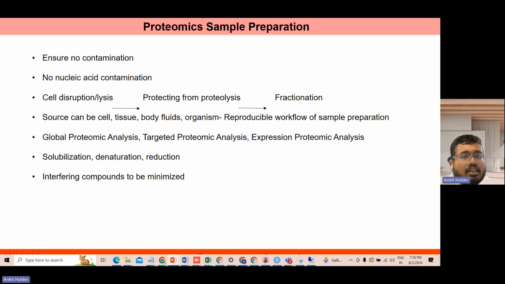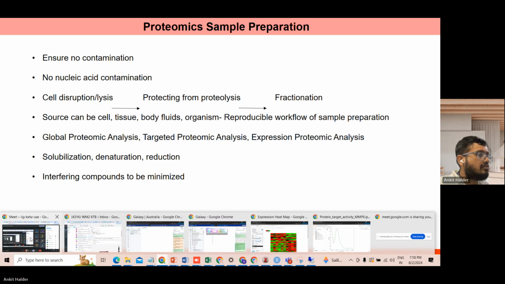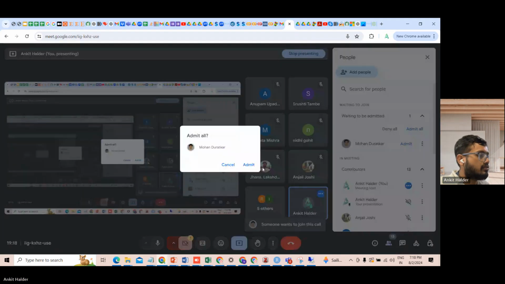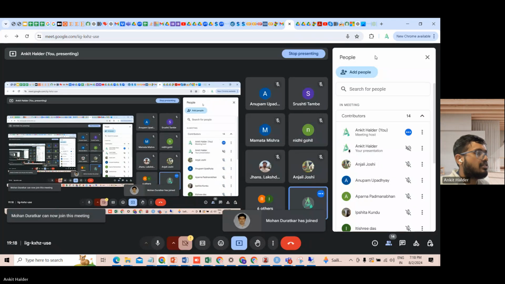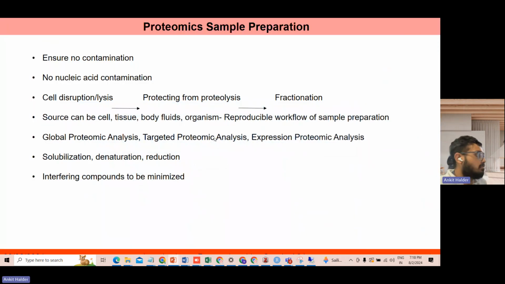So when we speak about proteomics sample preparation, we need to ensure that there is no contamination and that the sample is completely pure protein. Only if it is completely pure protein will we be able to make inferences in a better way, right?